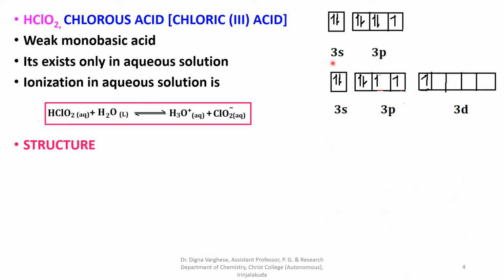The structure: the chlorine ground state is shown here, 3s2 3p5, and for the excitation state, that is 3s2 3p4 3d1, and two oxygen atoms are here, HClO2.